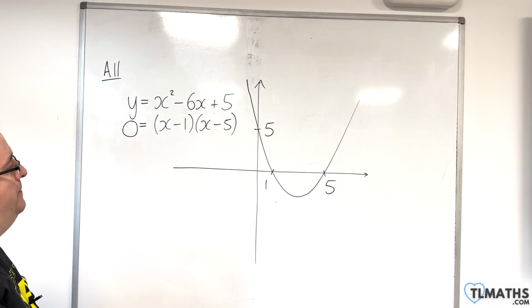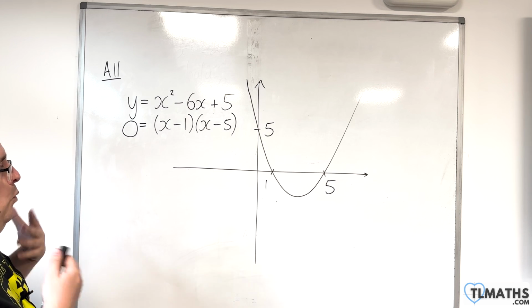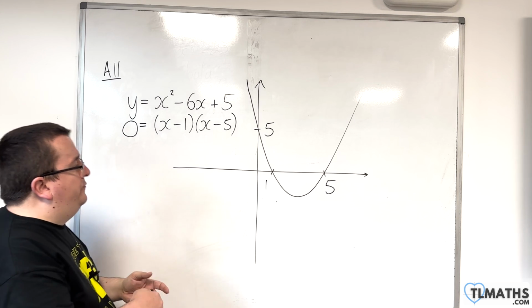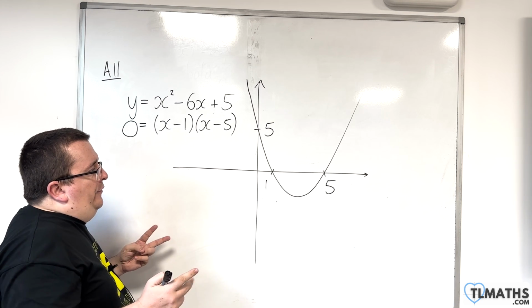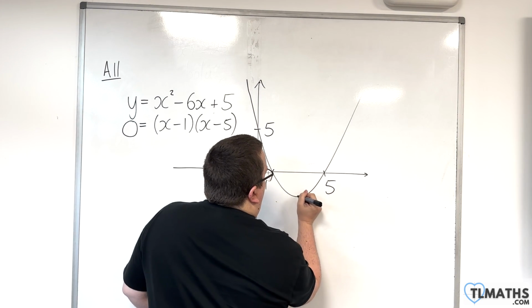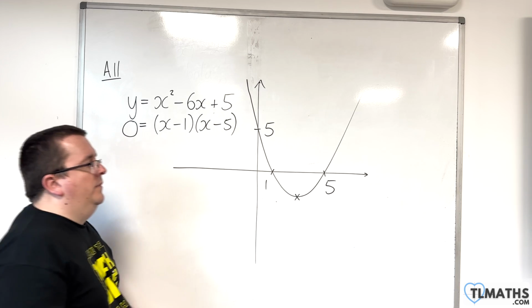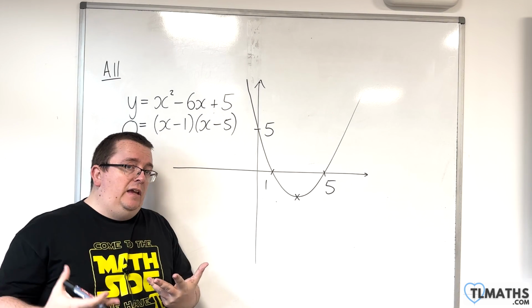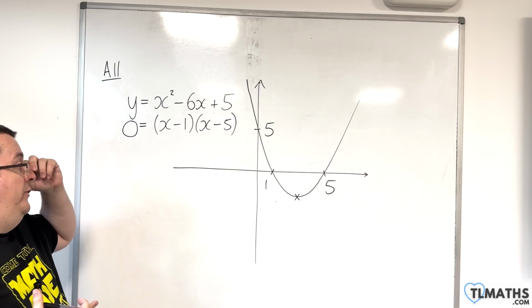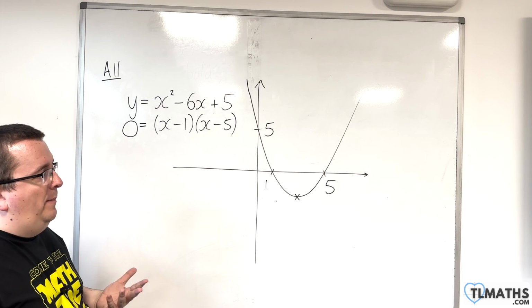That's our y-intercept. Now, what else is important? What else do we want? Well, 2 things. The first thing is this point here. This point we refer to as a turning point, and so it is the turning point of the parabola.